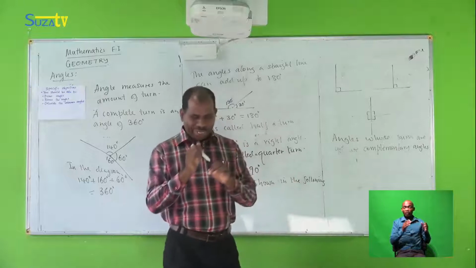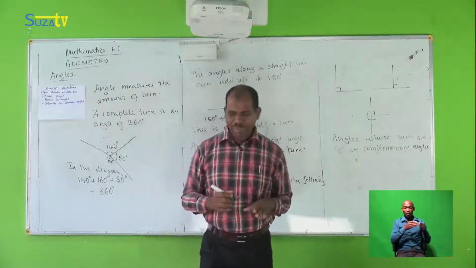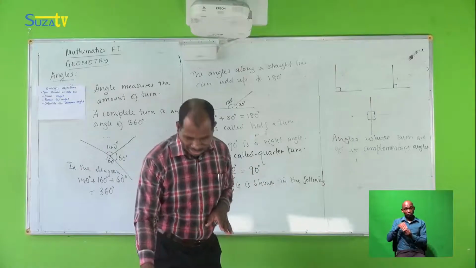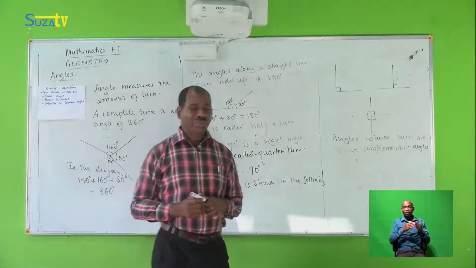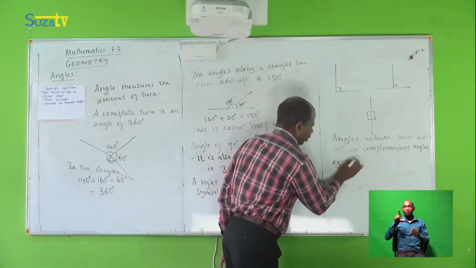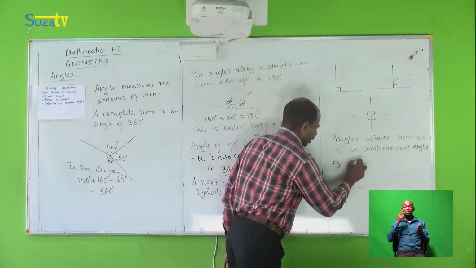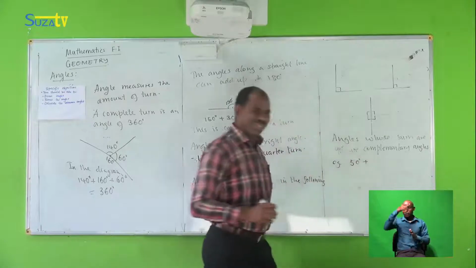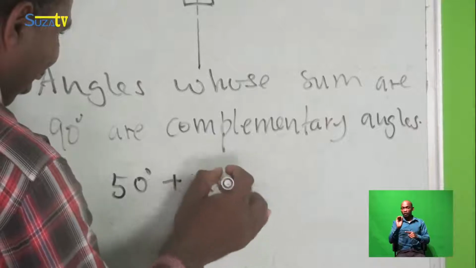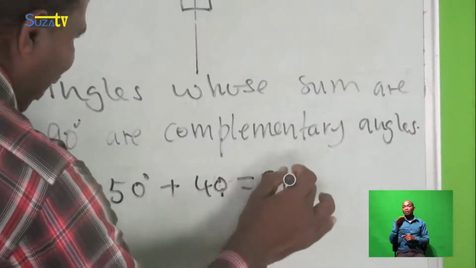Take any two angles, add up, and find the sum. If the sum is 90 degrees, the angles are said to be complementary angles. Example: 50 degrees plus 40 degrees gives 90 degrees.